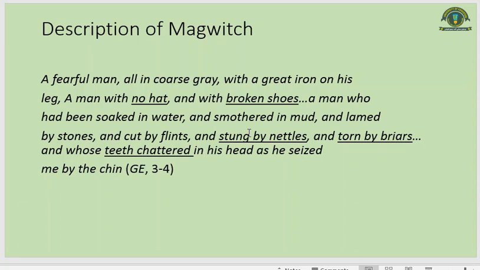So here you can see this type of caricaturing. This description by Pip is categorized as caricature because the comic and terrifying are combined. Broken shoes are something comical, torn by briars, something fearful. Some people have beaten him with sticks, and his teeth chattered.